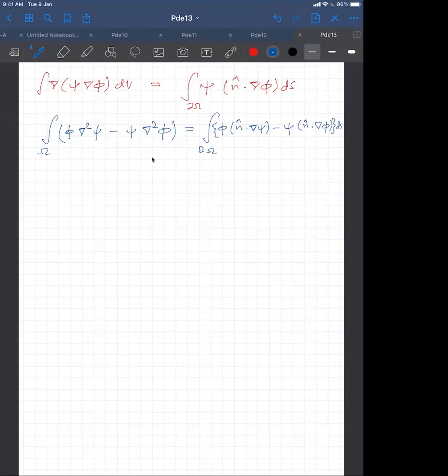The second equation, this equation in blue, is Green's second identity.